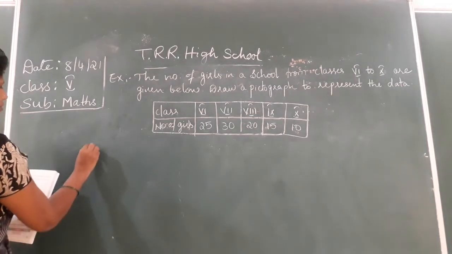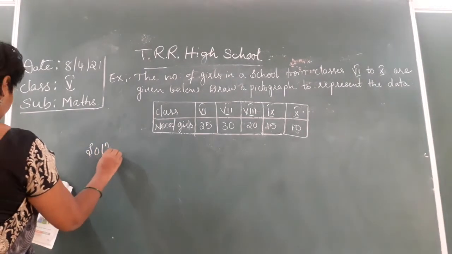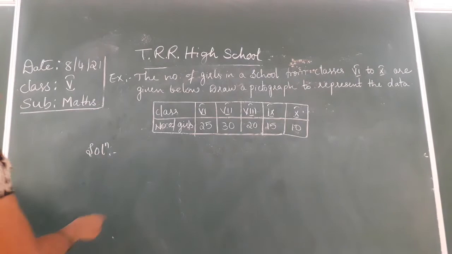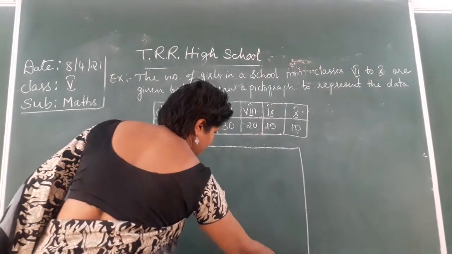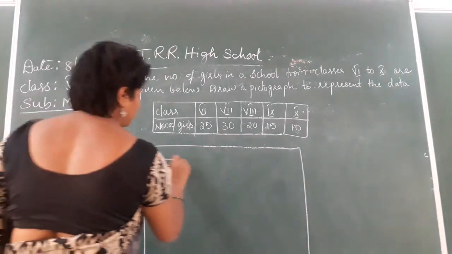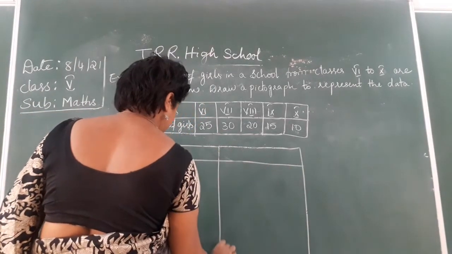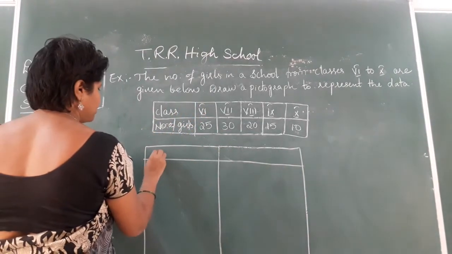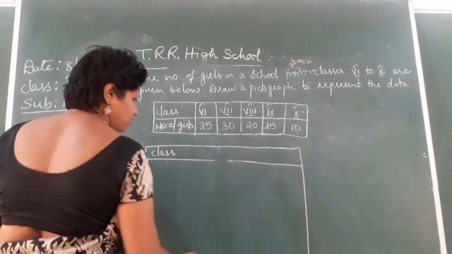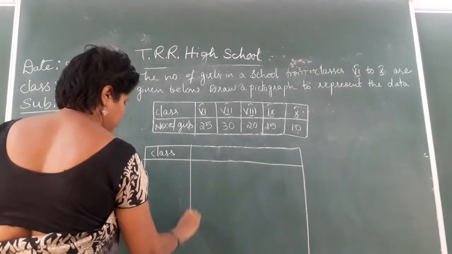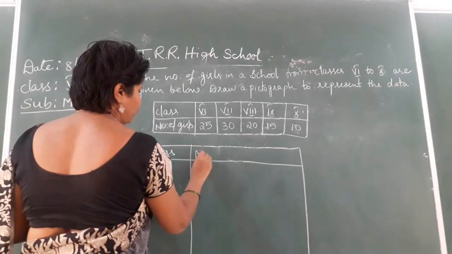Now here comes your solution. Draw a table. This represents the class, and the number of girls.